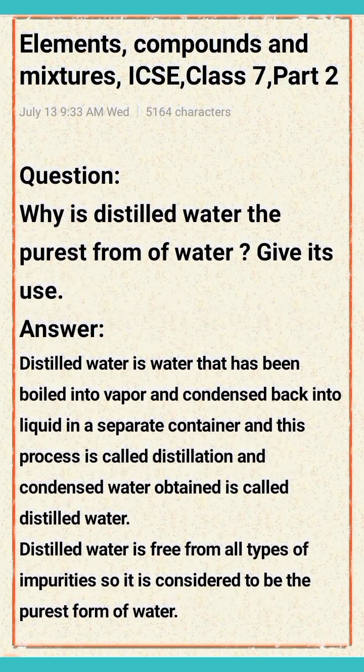Why is distilled water the purest form of water? Give its use. Distilled water is water that has been boiled into vapor and condensed back into liquid in a separate container, and this process is called distillation.